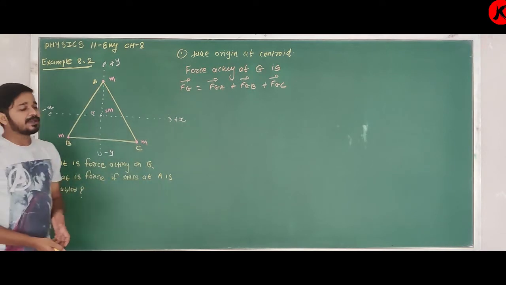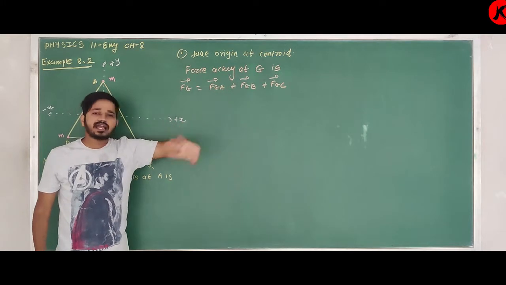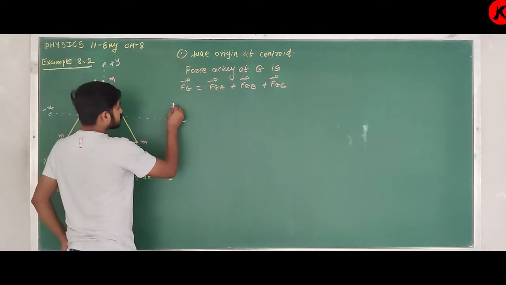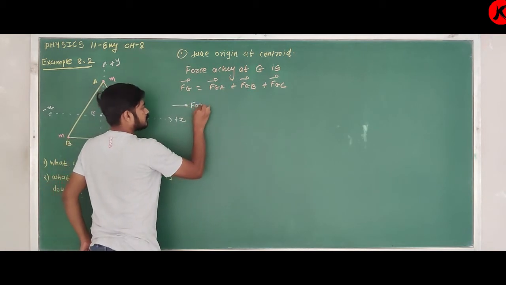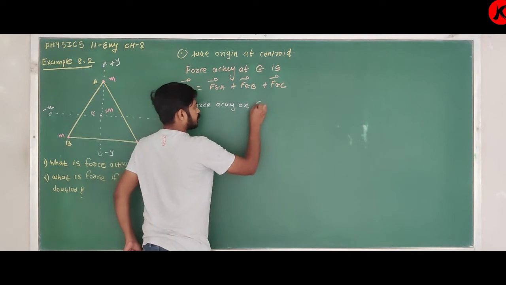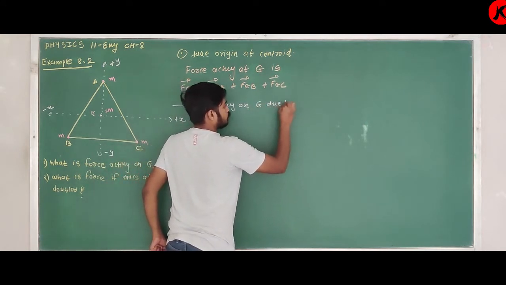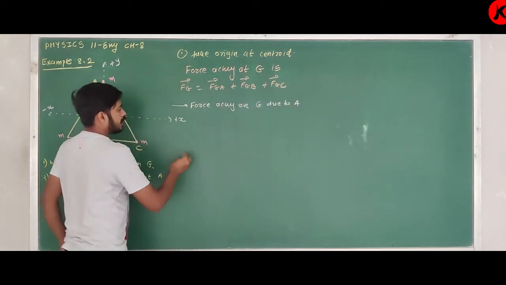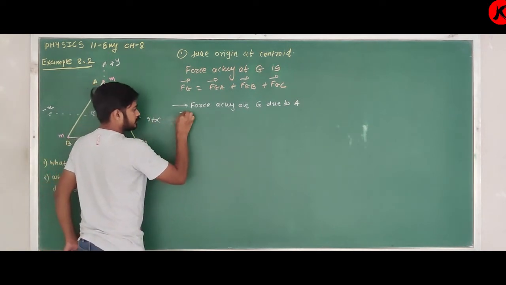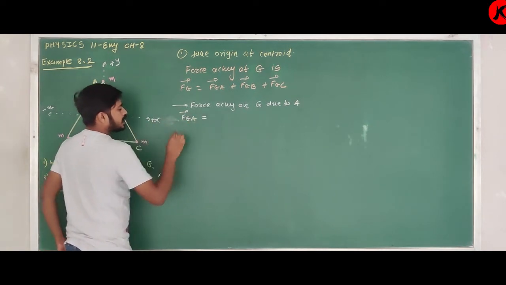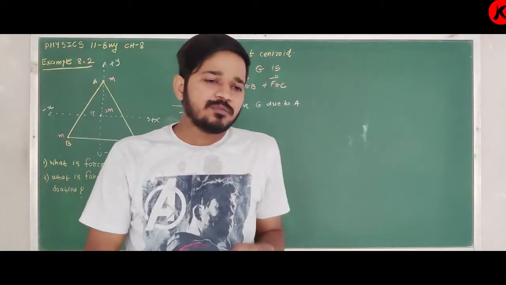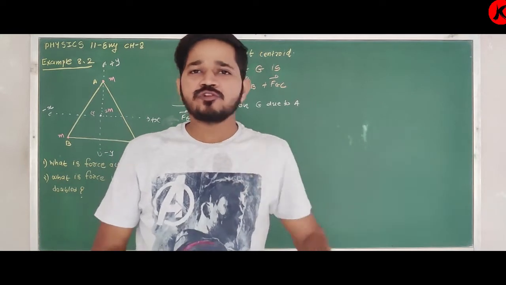Now I will separately find Fga, Fgb, and Fgc. First, the force acting on G due to A, Fga. Force is a vector quantity, which means we have to represent it as magnitude and unit vector.